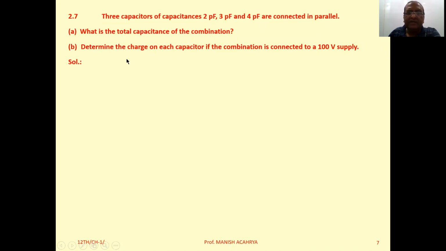B. Determine the charge on each capacitor if the combination is connected to a 100 volt supply. Very simple. C1 is 2 picofarad, C2 is 3 picofarad, C3 is 4 picofarad. And it is connected with the supply voltage of 100 volt.